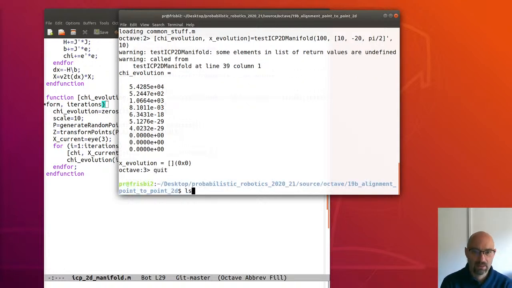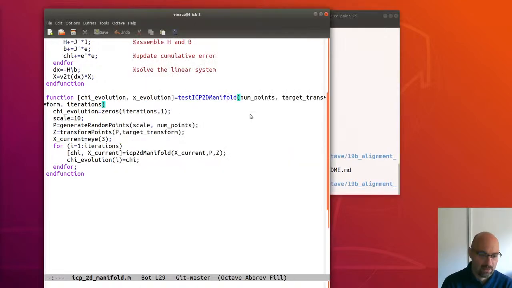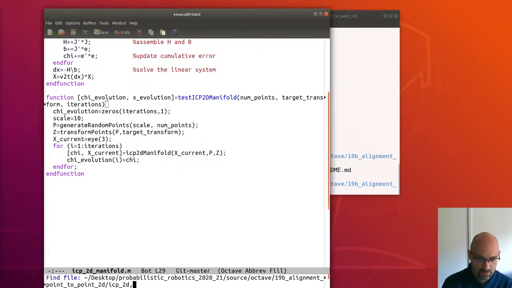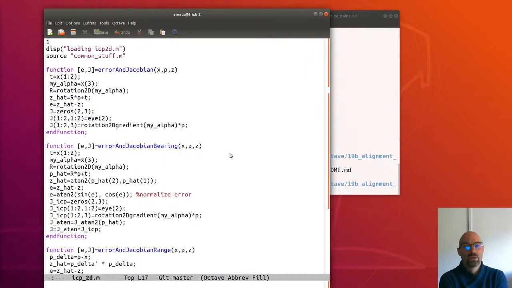I think it's here, ICP2D.m. Yes, there was a bearing version of the exercise that I proposed, and you might want to use this manifold machinery to do your first manifold version of ICP on a different problem. Okay?